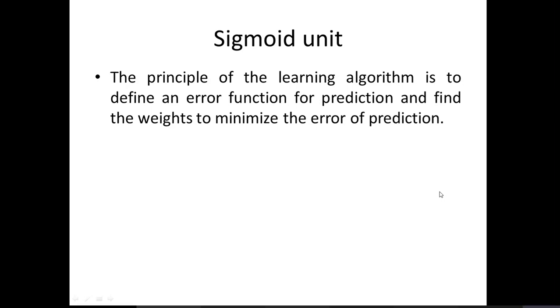But in the sigmoid unit, I have the obligation of telling you the principle of the learning algorithm and how the learning algorithm is designed, what the foundations are for designing the learning algorithm itself. And in fact, I'll tell you, this is one more key aspect of machine learning algorithms because the same philosophy, the same principle is manifested again and again. That's what I would like to tell all the participants.